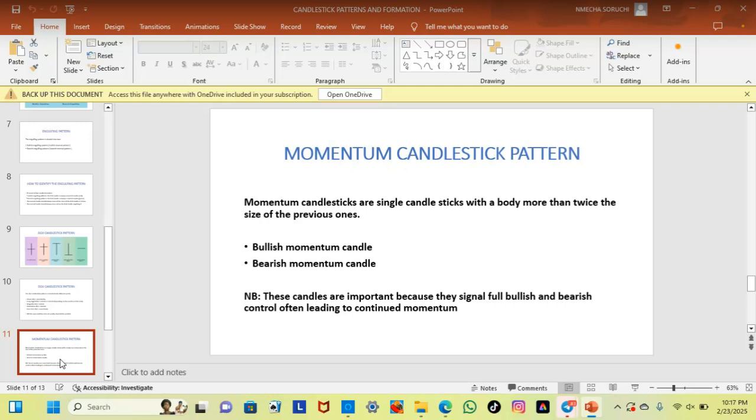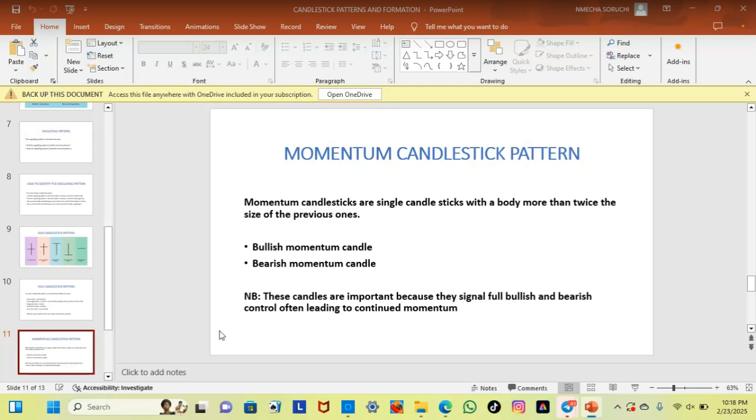So we have the bullish momentum candle and the bearish momentum candle. Note that these candles are important because they signify full bullish or bearish control, which often leads to continued momentum.